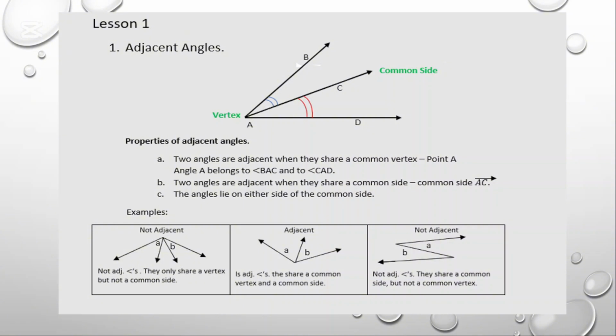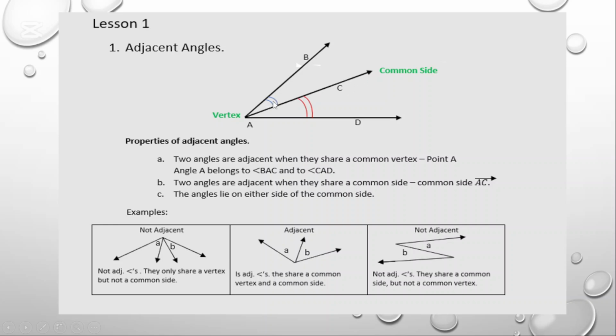Right? Adjacent angles. So we look again at the properties of adjacent angles. Two angles are adjacent when they share a common vertex. Vertex A there. So vertex A belongs to BAC. Vertex A belongs to CAD. These two angles are also adjacent because they share a common side.